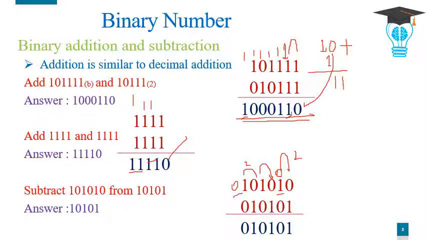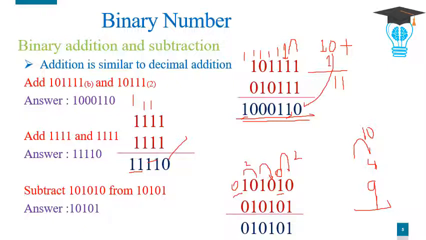Same way as in decimal, if I subtract 9 from 4, I am taking 10 here and it becomes 14 minus 9.